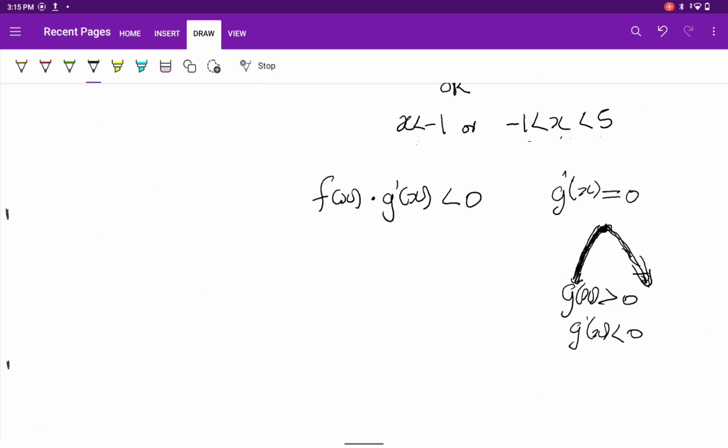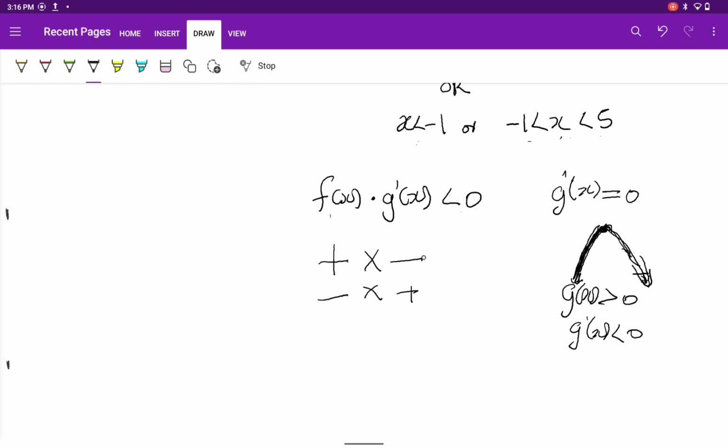So it means we want a positive times a negative, or a negative times a positive, so that we can get a less than 0. Now remember, the first graph, because it doesn't have a prime, is telling us, if it's positive like this one, where it is drawn above the x-axis.